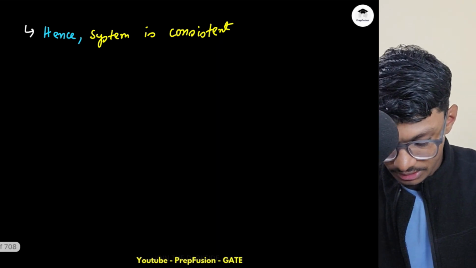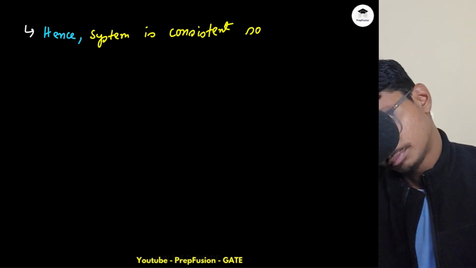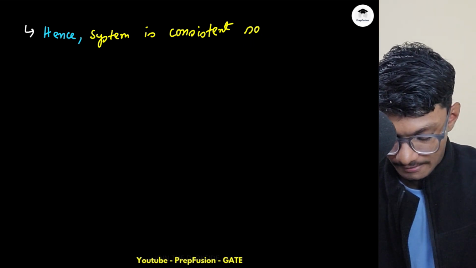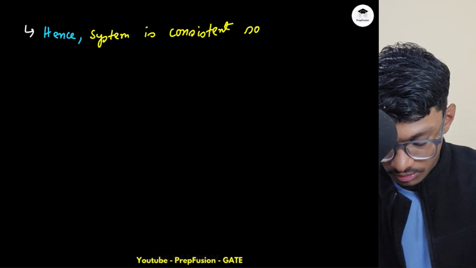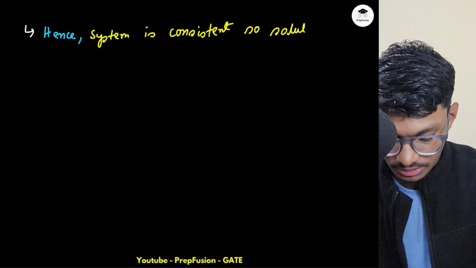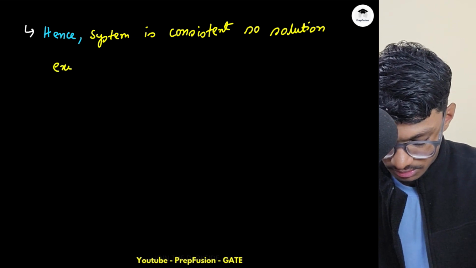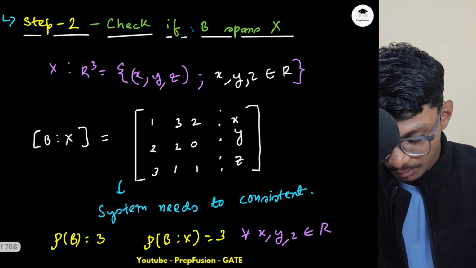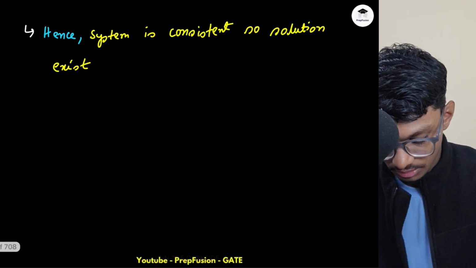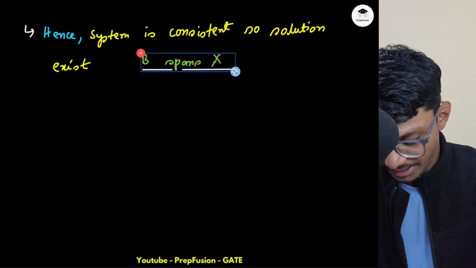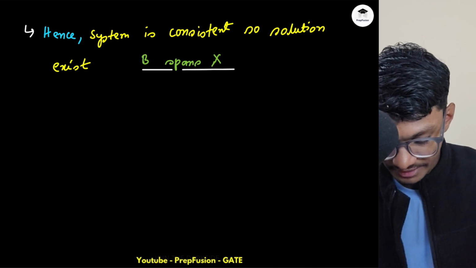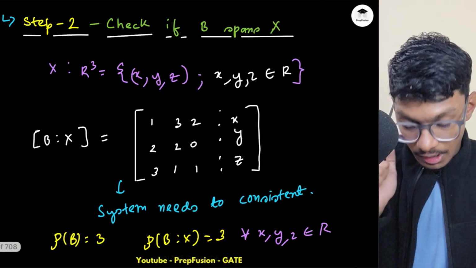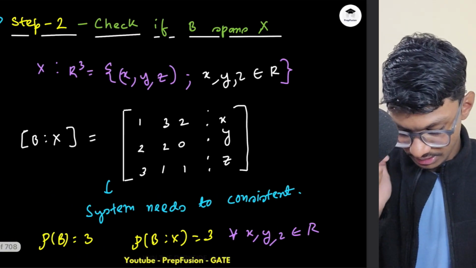So hence the system is consistent. So solution exists. Hence I can safely say that b spans x. Now if these two conditions are satisfied, that means basically this is a basis vector space, right?